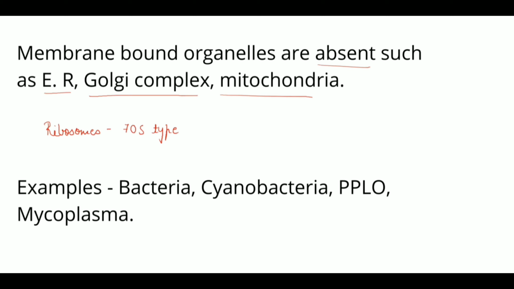Now, what is the most important thing that we need to know are the examples. The examples of prokaryotes. When I think of prokaryotes, these examples should come to my mind. So the most common example of prokaryotes is bacteria. Whenever I think of prokaryotes, the first example that pops in my mind is bacteria.